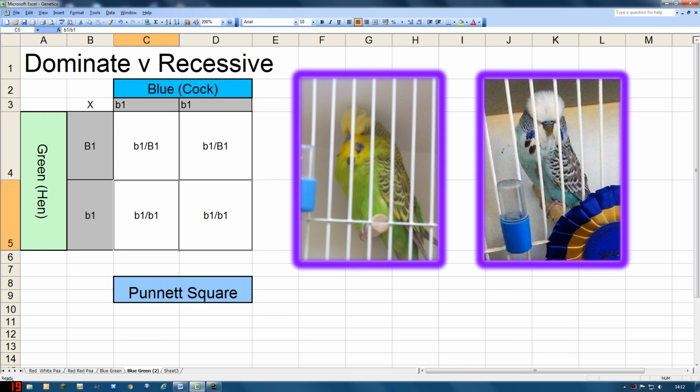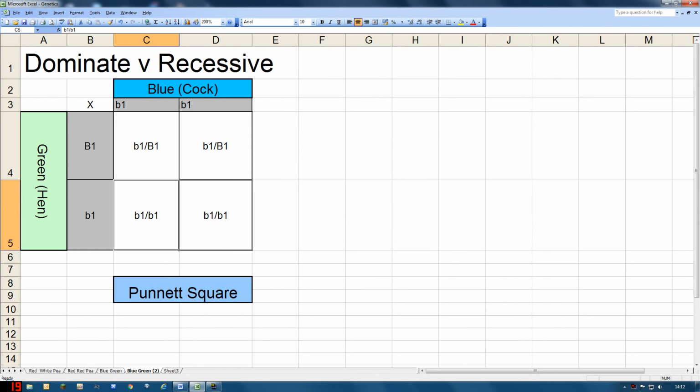So we know something now: if we had 2 blue series birds, we would never ever produce any green series birds from it. Whereas if we have 2 green series birds, we could actually produce a blue series bird from that. So that's about all we've got time for in this particular video.